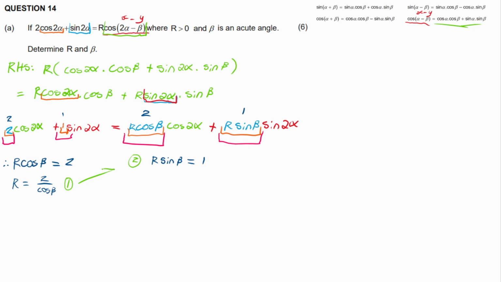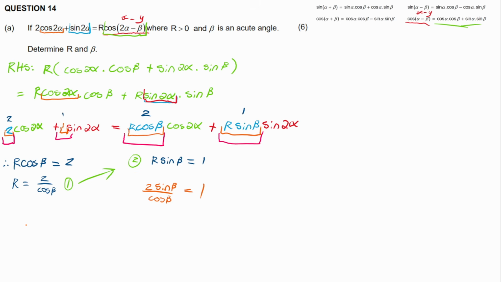So 1 into 2. Whenever you see an R, we're going to be replacing it with 2 over cos beta. So if we roll with this, we now get 2 sine beta over cos beta is equal to 1.